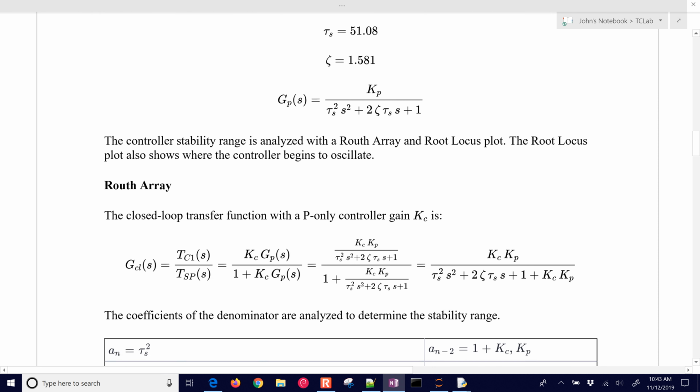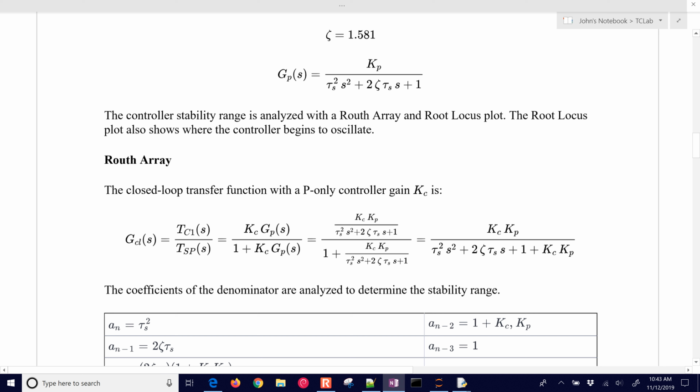Alright, so Routh array, you need the denominator of the closed loop transfer function. So we had direct divided by 1 plus the loop. And if we just plug in the GP, there's our GP. Then if we multiply the numerator and denominator by this, it just simplifies to something in the denominator.